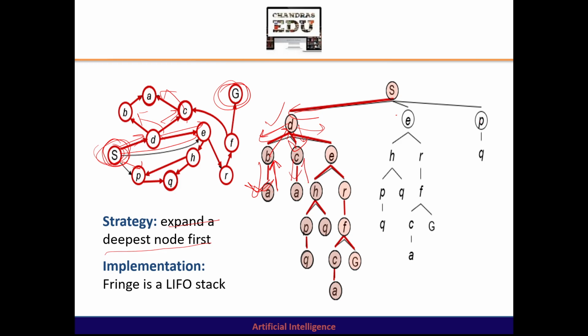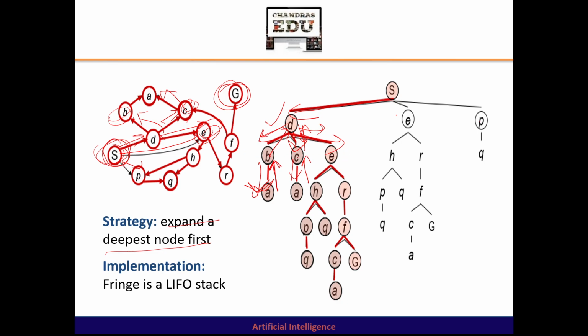So once again it will go to the previous level, that is C. And C has no other path, so once again it will go to the previous level, that is D. And the other paths of D: we have covered B, we have covered C, and now we have to just check the path E.